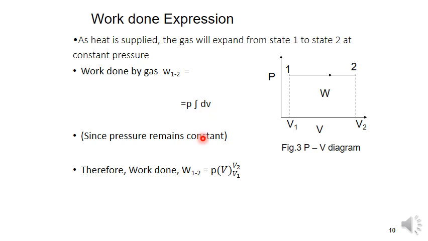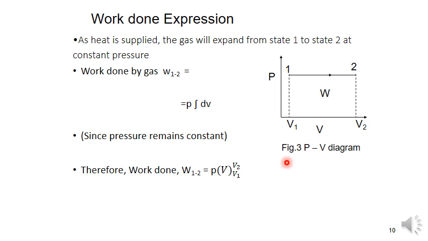The integration of dV is nothing but V. Here the states change from V1 to V2. So substitute upper limit minus lower limit. Therefore the work done is equal to P into V2 minus V1.